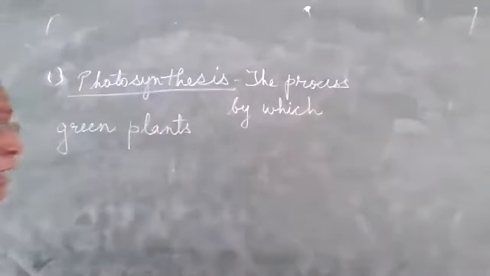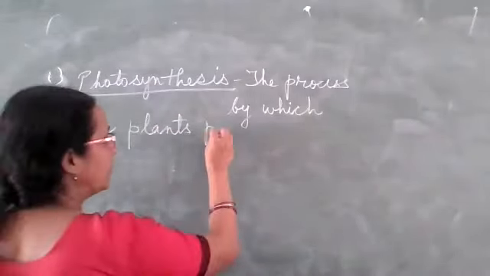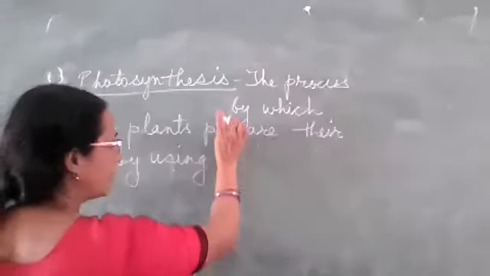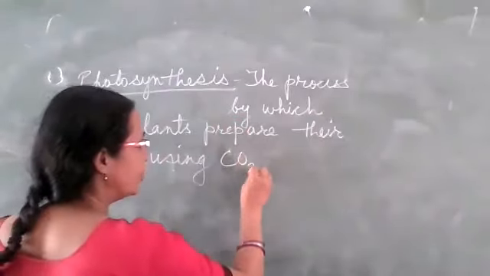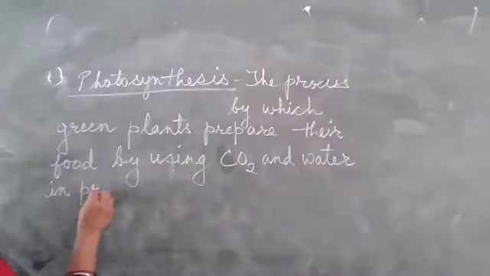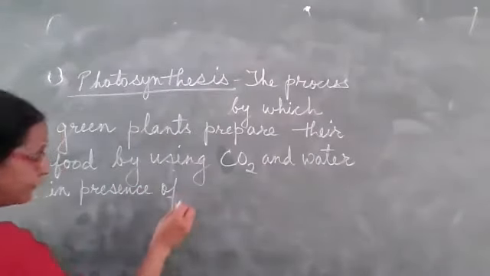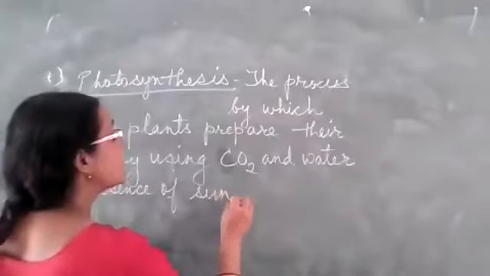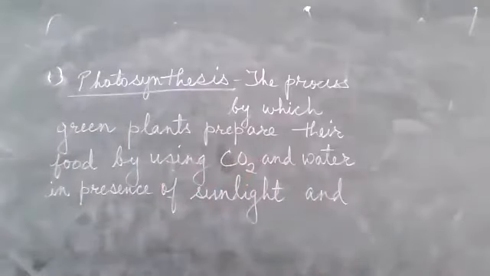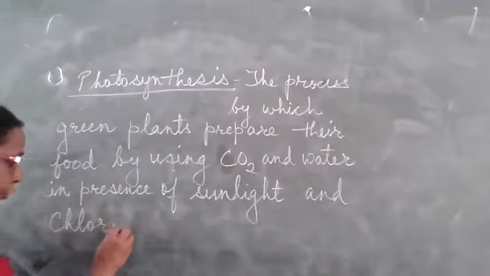The process by which green plants prepare their food by using CO2 and water in presence of sunlight and chlorophyll.